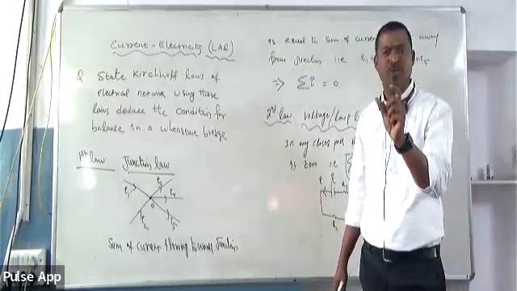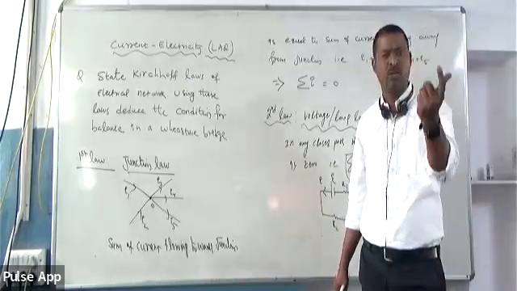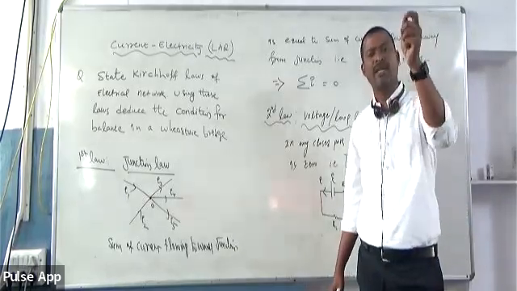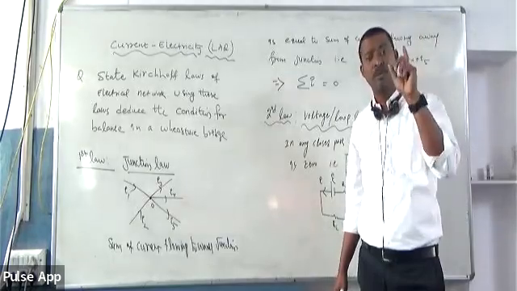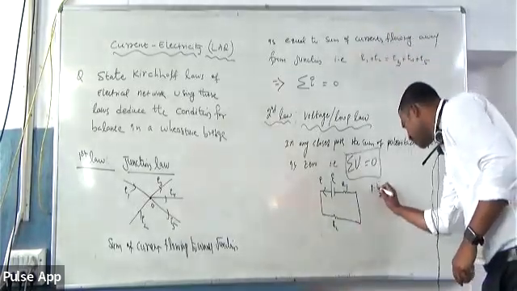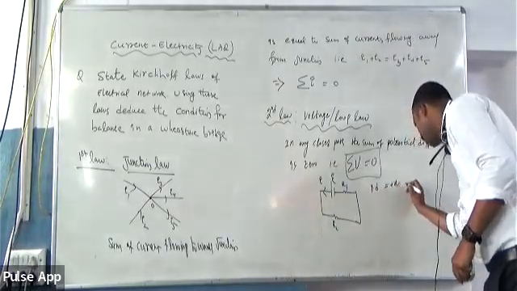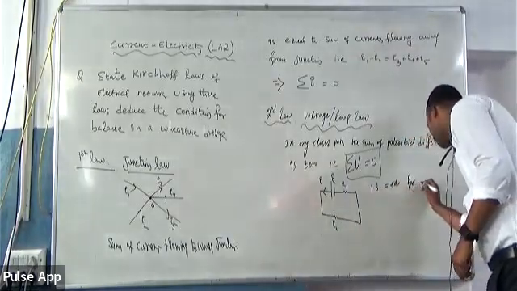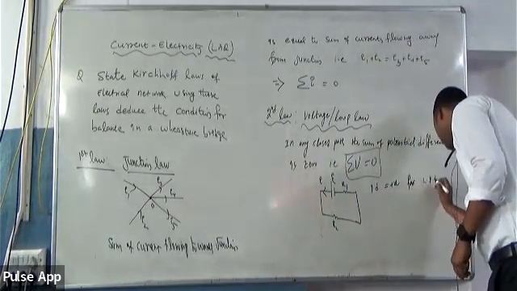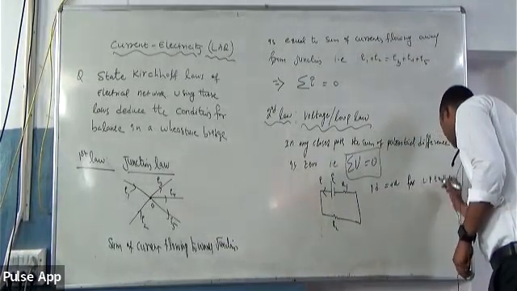So going from higher to lower is considered a negative potential difference, and lower to higher is considered positive. Correct? So I can write here, potential difference is positive when moving from low potential to high potential.